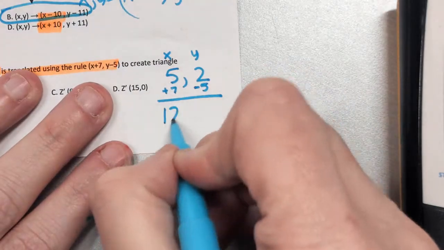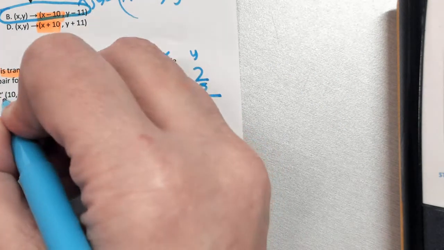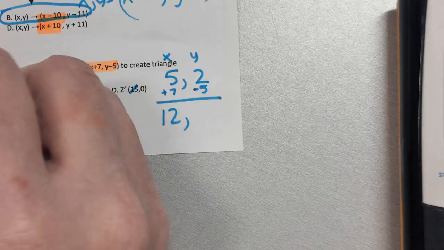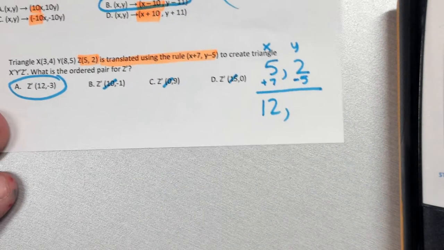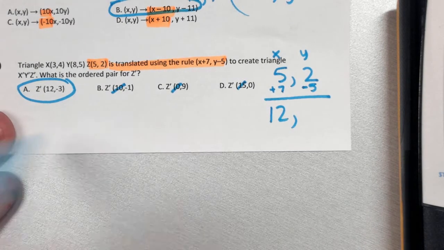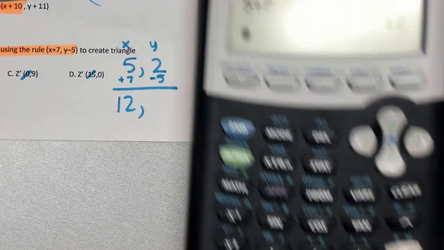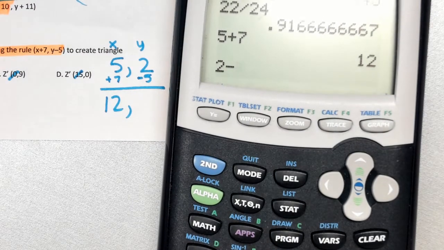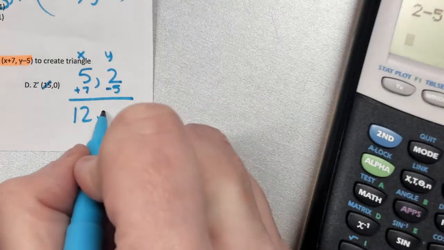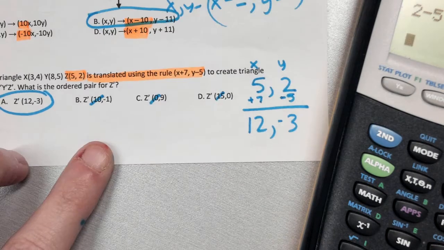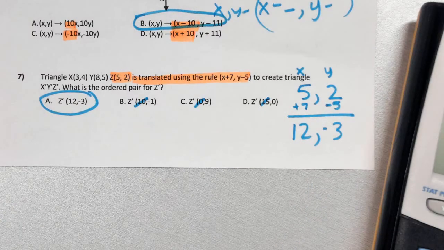So the first part of my coordinate is 12. So I'm going to start eliminating. And before I even had to do any of the weird math, I eliminated to get my answer. Now, I could certainly put 2 minus 5 in my calculator and see that it was also negative 3, but I didn't even have to do that. Because if I eliminate as I go, I'm going to resolve that issue.